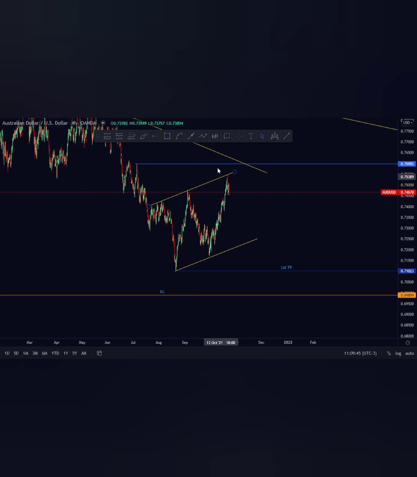The 90% rule basically says that price has a 90% probability of reaching the level at which the structure began, the beginning of the correction. That's why we're calling it the 90% rule. So now, this is basically our first take profit level. That's why I've marked it there.